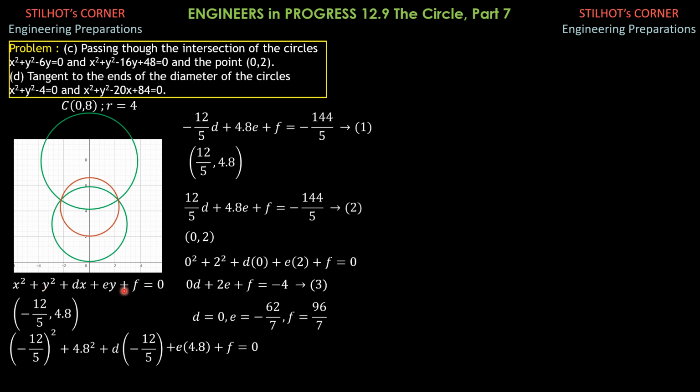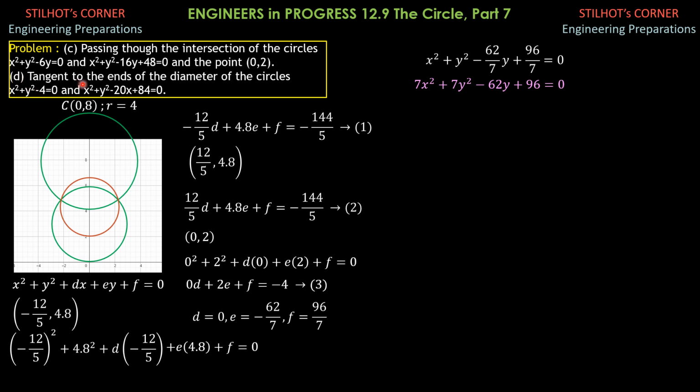Then substitute into the general form: x squared plus y squared plus 0x minus 62/7 y plus 96/7 equals 0. Multiply everything by 7, so the answer is 7x squared plus 7y squared minus 62y plus 96 equals 0. So that's it for the three exercises in this video.